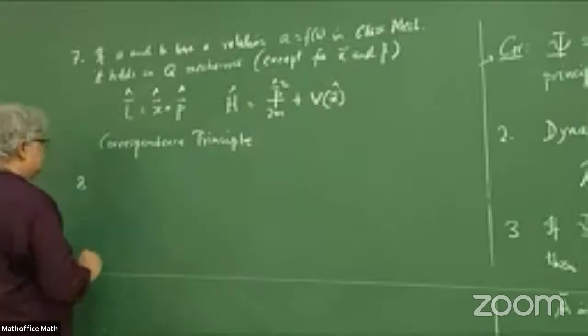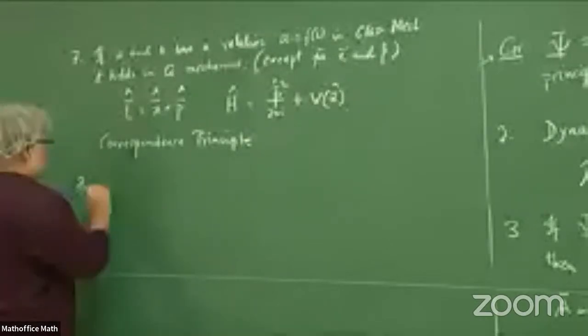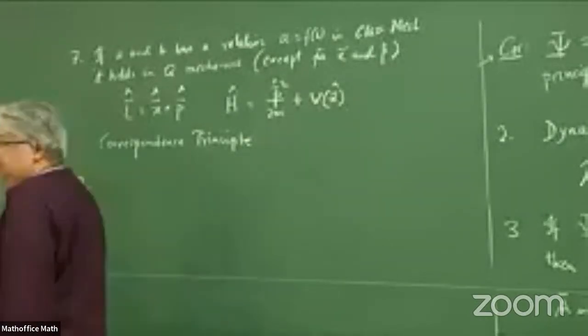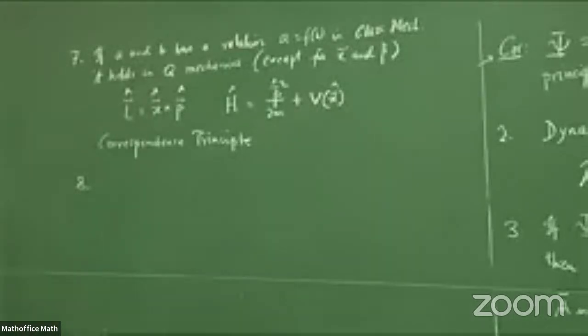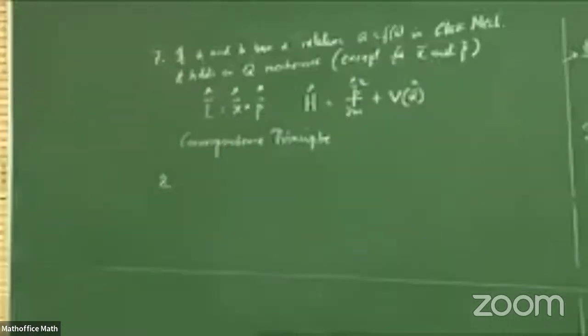Last but not least, supposing I had a quantity that is x and p, then I can write it also as p times x, and if I do what I just did, I get different answers.